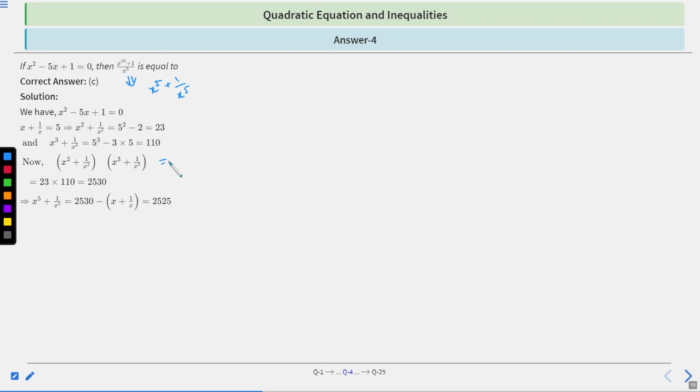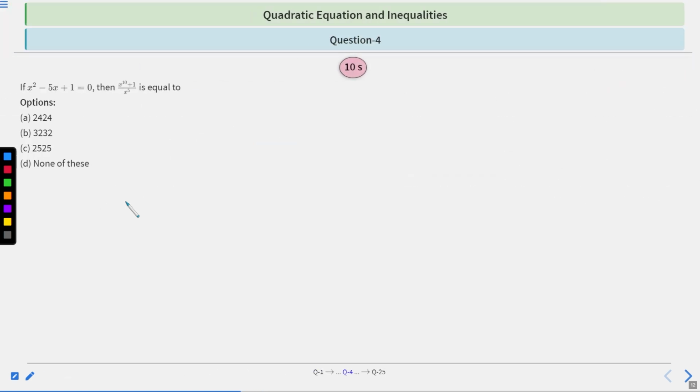If we multiply this, we will get x to the power 5 plus 1 by x to the power 5, plus x plus 1 by x, right? So x to the power 5 plus 1 by x to the power 5 can be calculated as 2530 minus x plus 1 by x, and we have the value of x plus 1 by x as 5. So the answer is 2530 minus 5, which is 2525. Option C is the right choice.